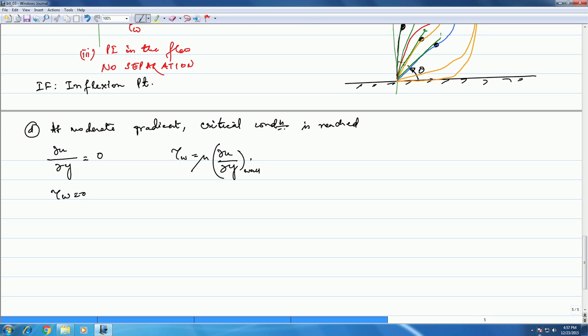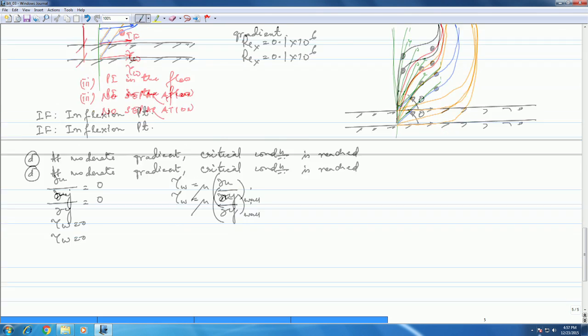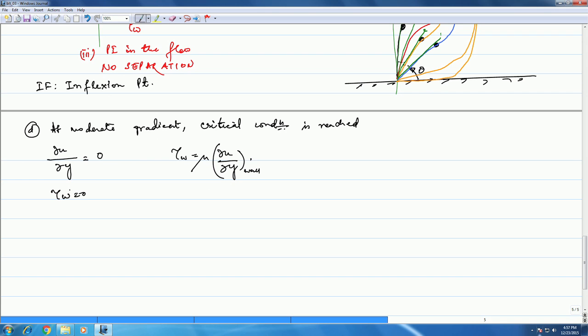So now I think you can gauge from what I'm trying to say. If del u del y is 0, then tau wall is 0, isn't it? So then you could probably have a curve something like this.